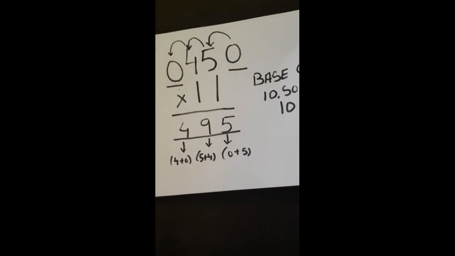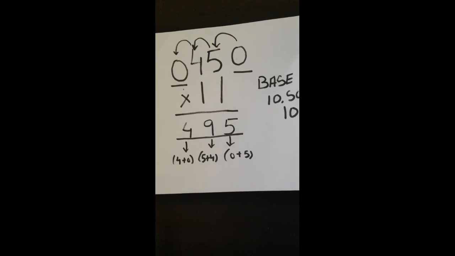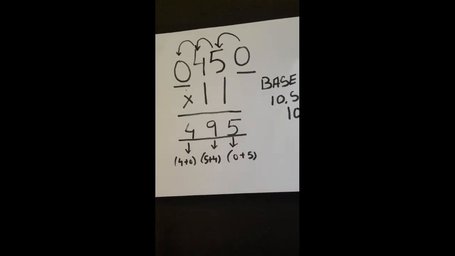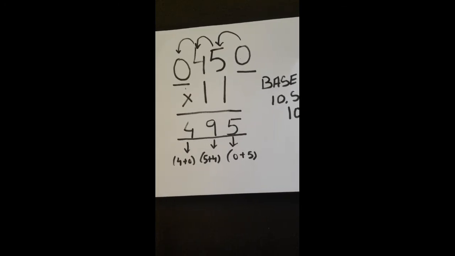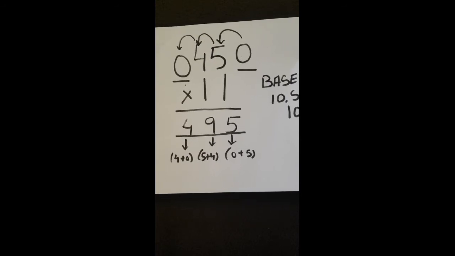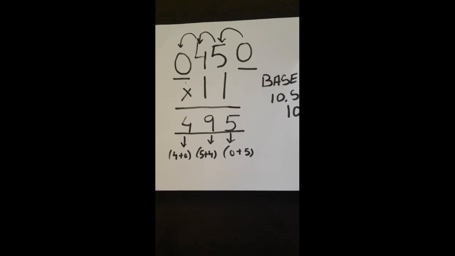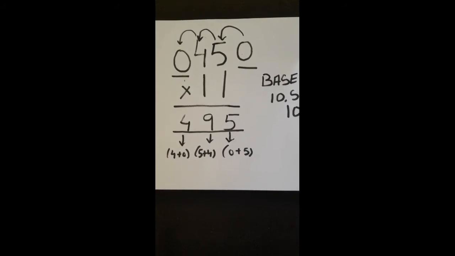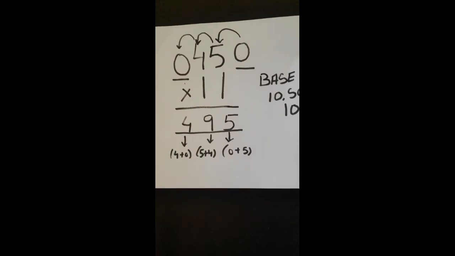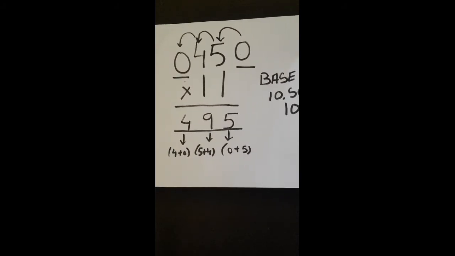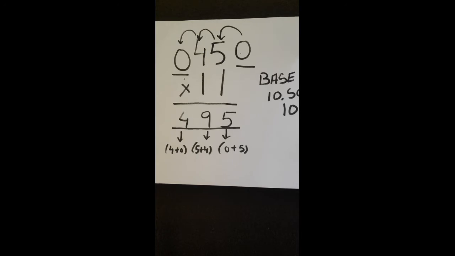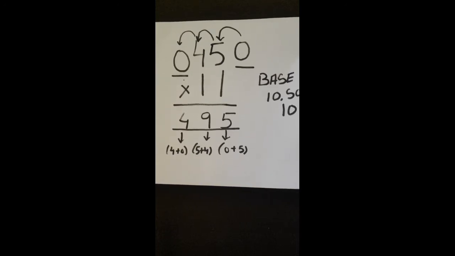From the right side, now we will start adding: 0 plus 5 is 5, 5 plus 4 is 9, and 4 plus 0 is 4. From right to left we will write, and so our answer will be 495. That is, 45 into 11 will be 495.